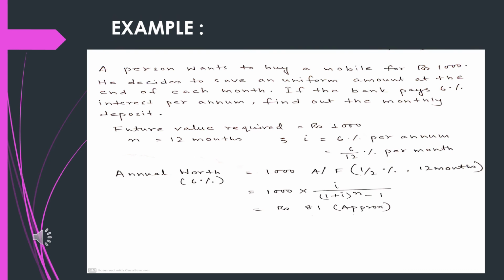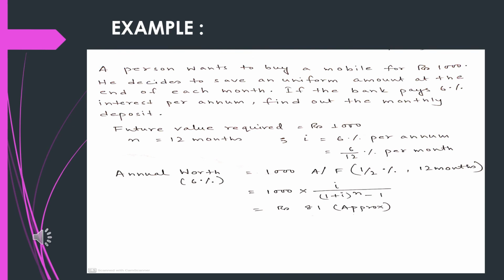A common type of calculation that we face in today's world is that whenever we need to buy a certain thing at a particular cost, we tend to transfer that value into a per annum value and into EMIs. Here also we take an example where a person needs to buy a particular mobile for rupees 1000.